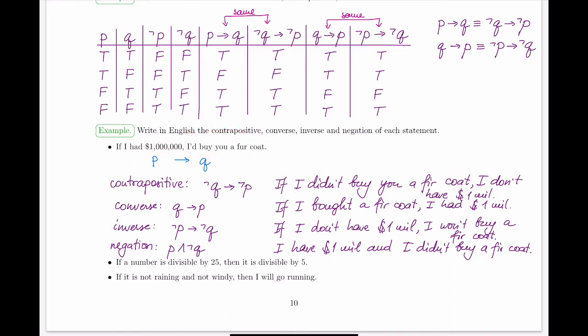Now, in order to practice a little bit more, I encourage you to do the same with the other two sentences, where you see what the original conditional is, and then you write out all the possible variations of it, trying to think about why the contrapositive is equivalent to the original and the converse is equivalent to the inverse.